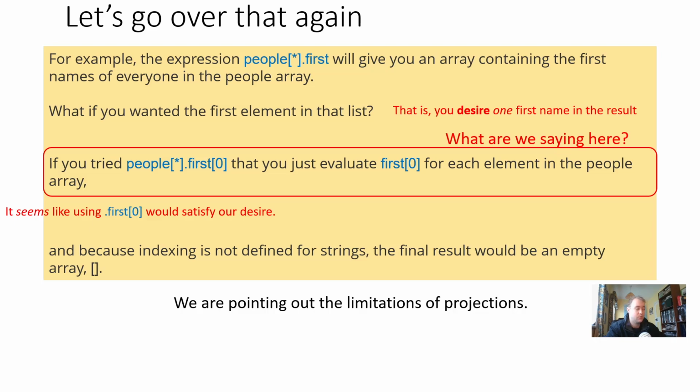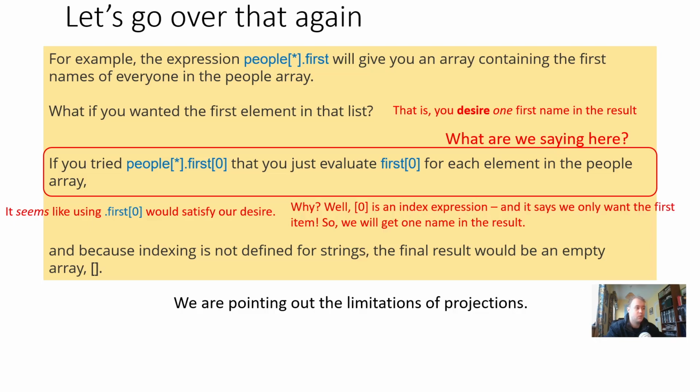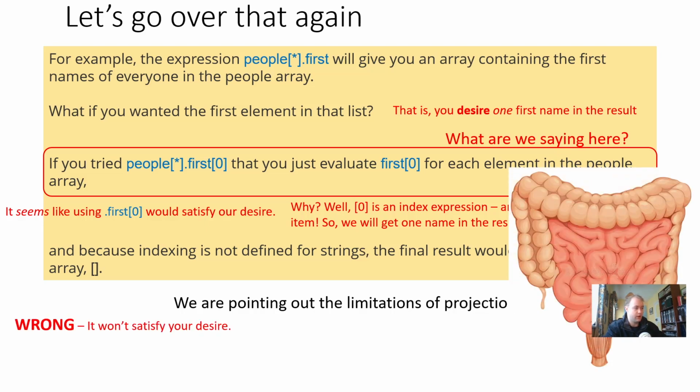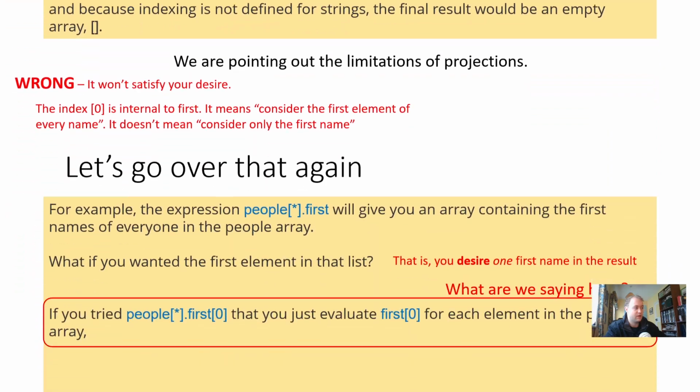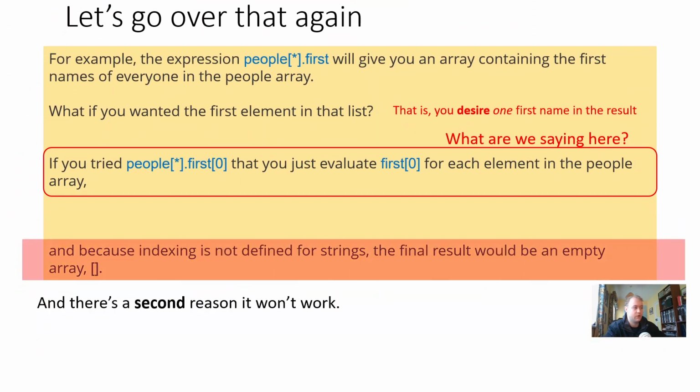People might think that putting first 0 would work. Why? Because 0 is an index expression and it says we only want the first item, we only want the first name. That's their reasoning. But we know, because of this index's internal principle, that that's why that won't work. And the second reason it won't work is that indexing is not defined for strings.